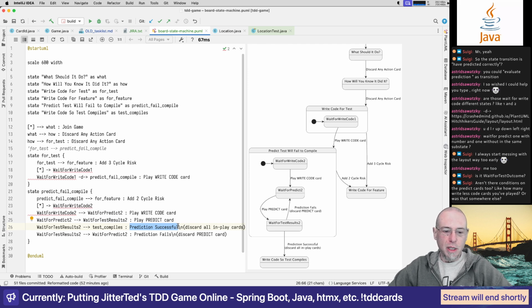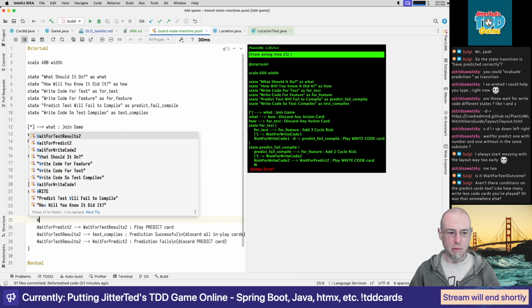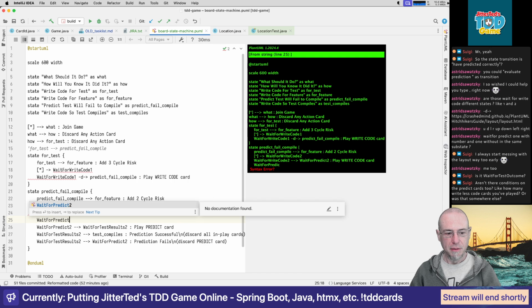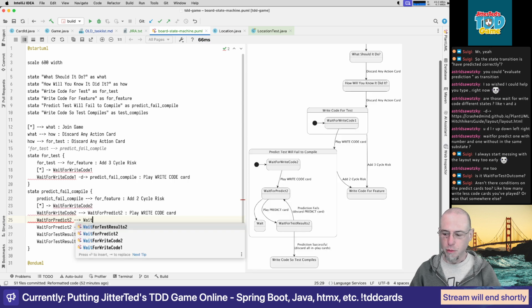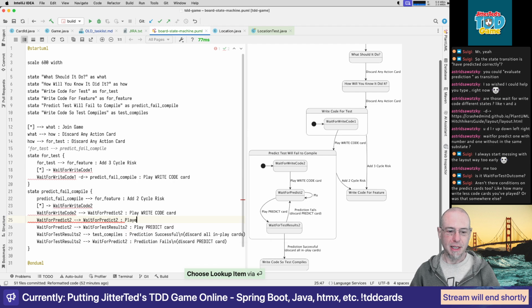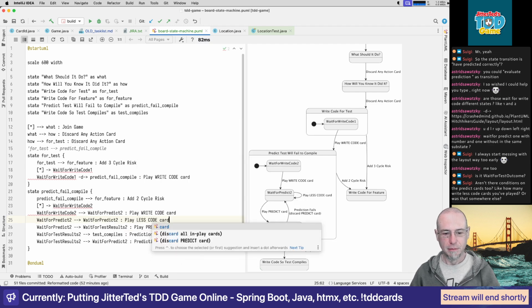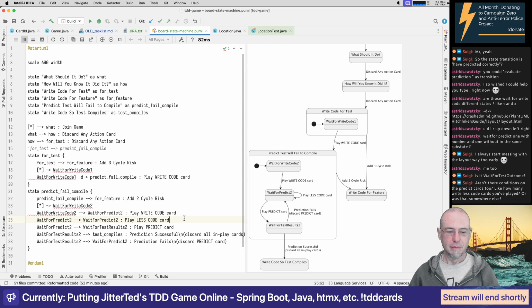When you've played right code cards and you're waiting for predict, you could go back to wait for predict by playing a less code card.